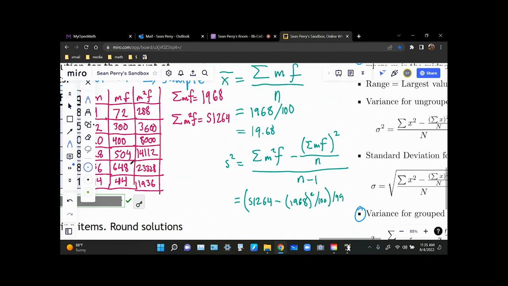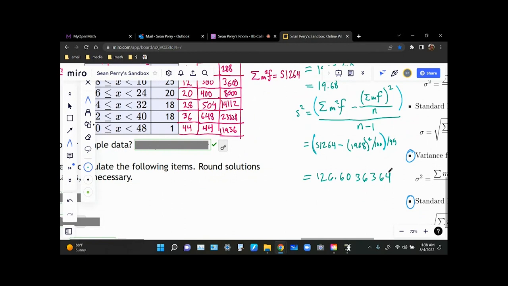I would write it just this way. Notice my parentheses here in order to isolate the numerator and divide it by n minus 1. Order of operations should take care of everything else. That's 126.6036 and so on. So rounding to 3 decimal places, that's 126.604.